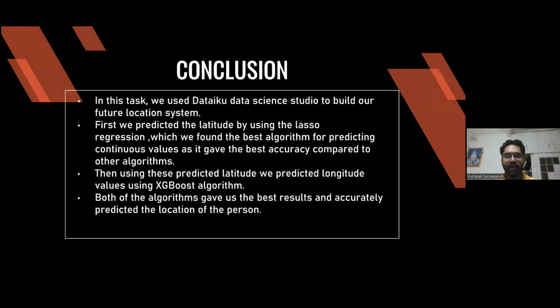We used regression because regression algorithms are very good for predicting continuous values, whereas classification algorithms are best for predicting discrete values such as 0 and 1, true or false, etc. In those cases, classification algorithms like logistic regression are very useful. But here we are predicting continuous values such as latitude and longitude, so regression algorithms are best. It gives the best accuracy compared to other algorithms.